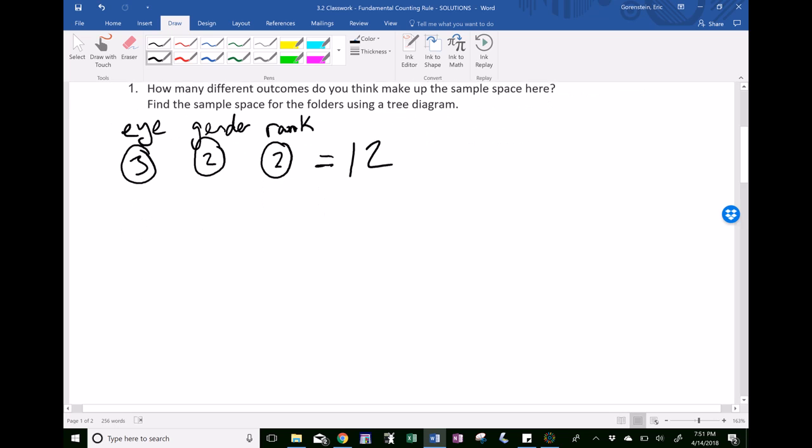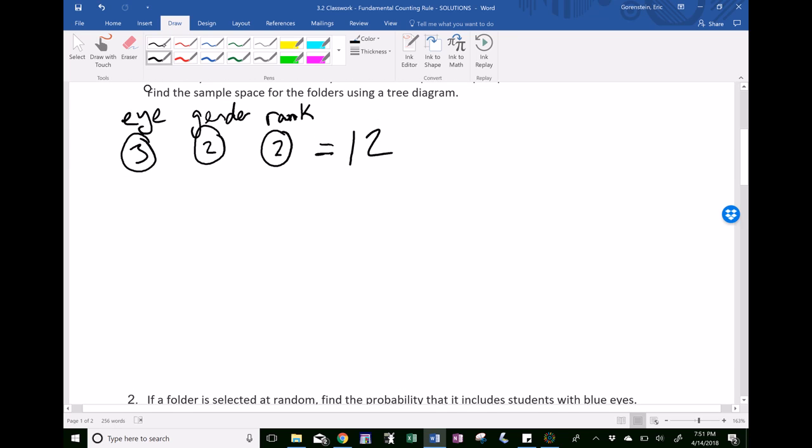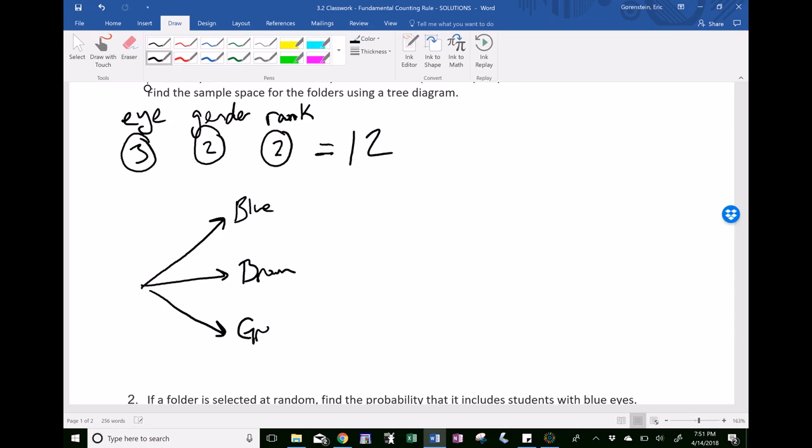So characteristic number 1 is eye color. We have blue, we have brown, we have green. For each eye color, there's 2 possible genders. We'll say male and female. Male and female. Male and female.